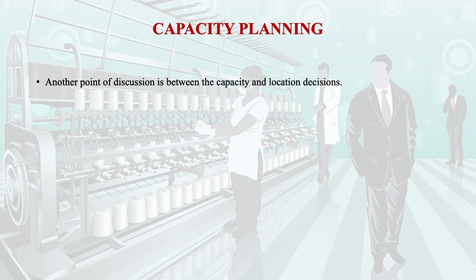When we discuss certain aspects of capacity planning, a very important point of discussion is the relationship between capacity and the location decision. If you remember our session on the location decision, we explained there that if your capacity is growing more and more and you are not able to accommodate that capacity within your limits, you go for an alternative plant location.